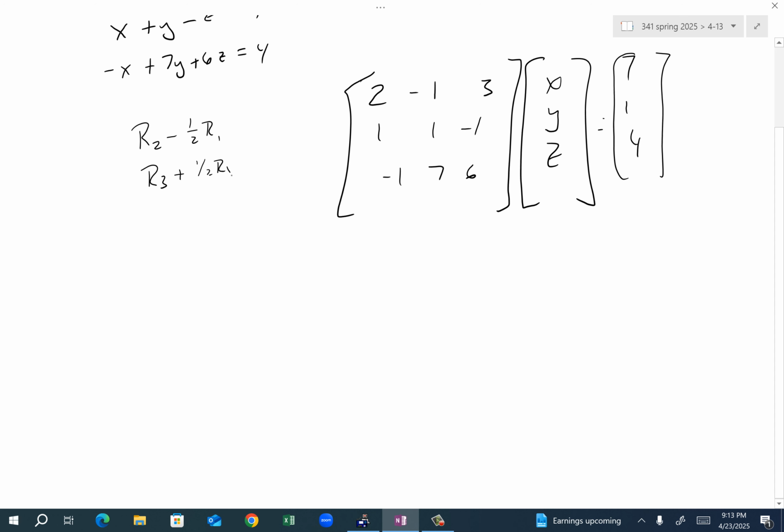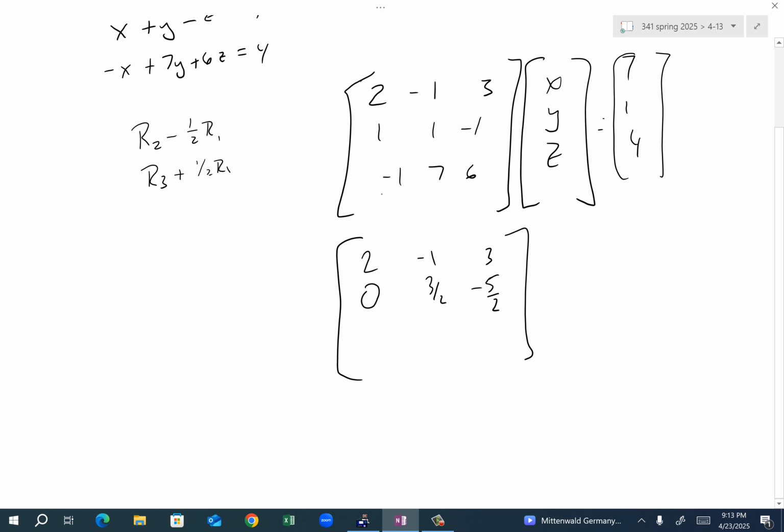Okay? And so when we do that, we will get, ba-boom, ba-boom. So 2, negative 1, 3. And then the second row down, it's going to be 1 minus 1, which is 0. And then you're going to have 1 minus a half, so 3 halves. And then you're going to have negative 1 minus 3 halves, which is negative 5 halves, I believe.